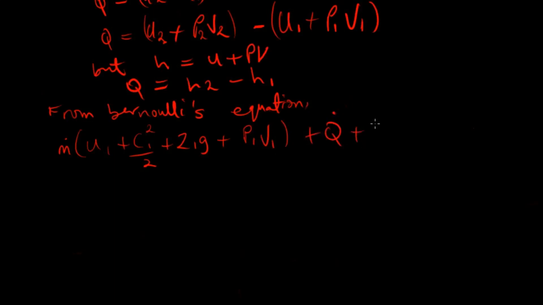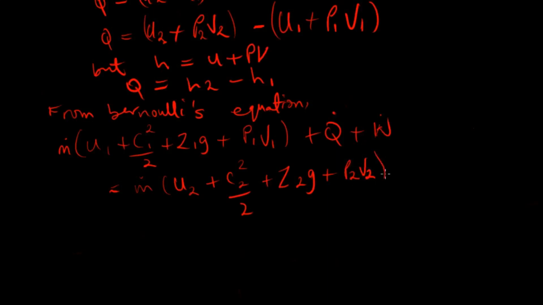Of course, remember the definition: the mass flow rate doesn't change. So for the outlet condition, it becomes U2 plus C2 squared over 2 plus Z2G plus P2V2. Okay, that's it.